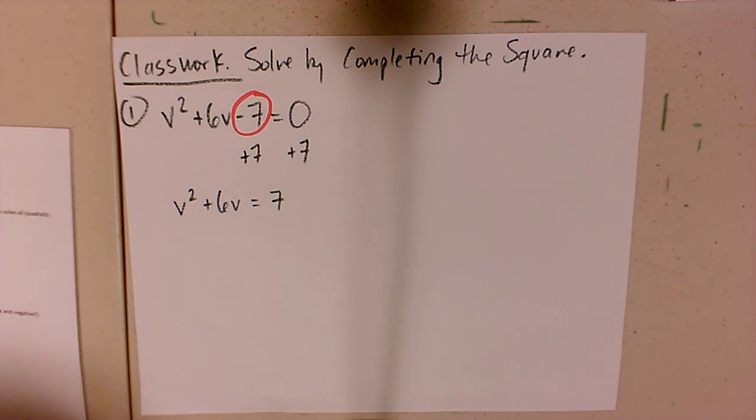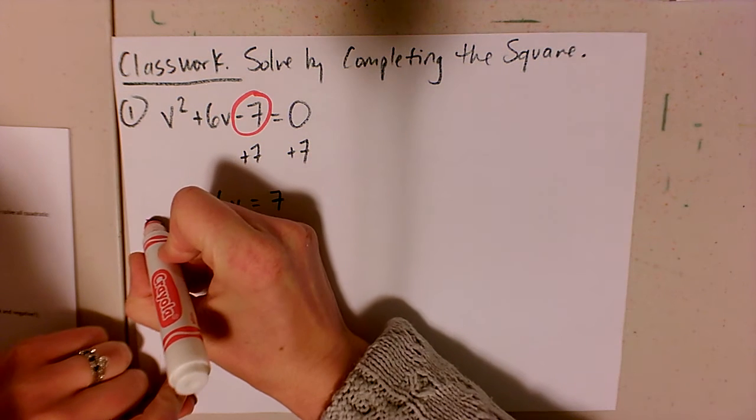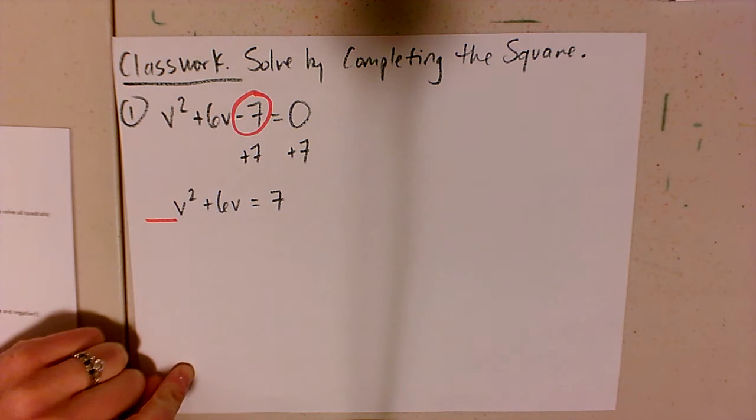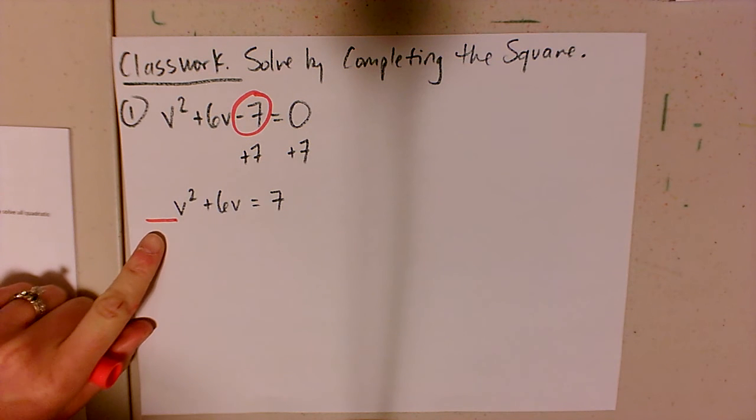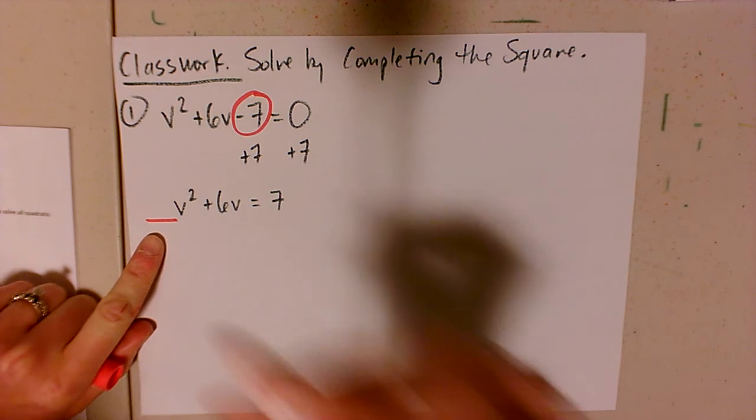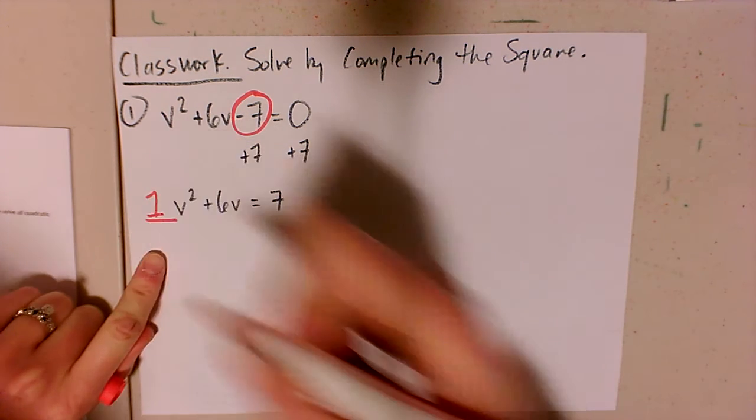Okay? And then what we want to do is we want to divide each side of the equation by a. Okay? Now, remember, your a term is the number that is hiding in front of v. Okay? And we don't have anything hiding right there, or we can't see anything. So we know it must be 1.